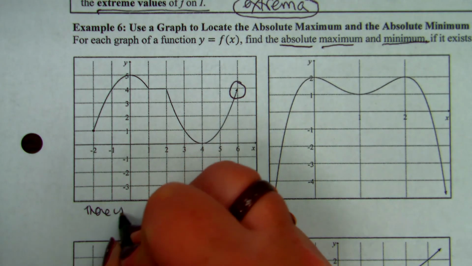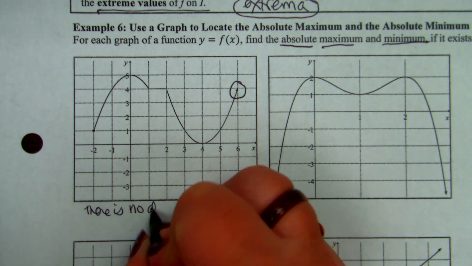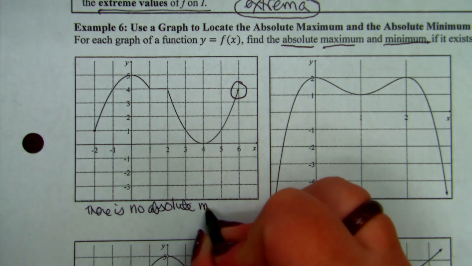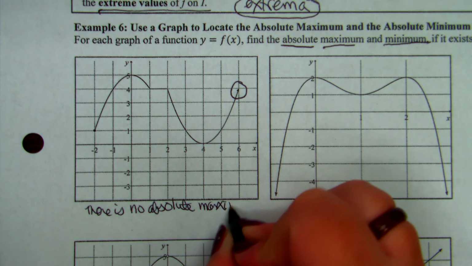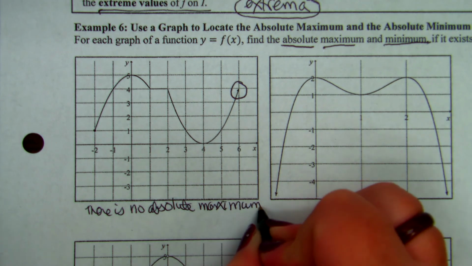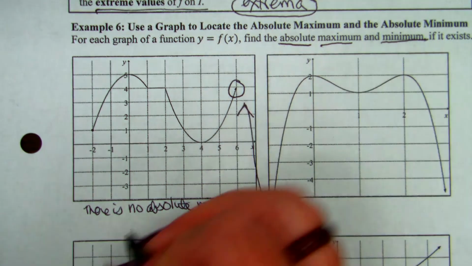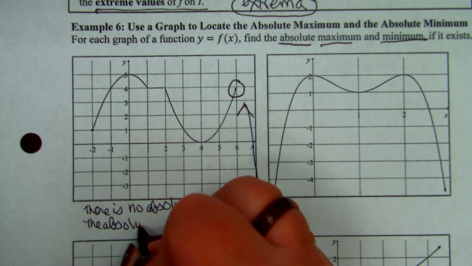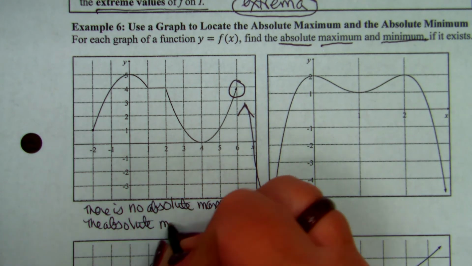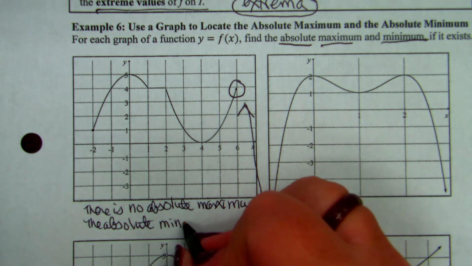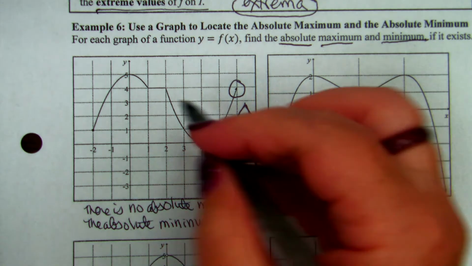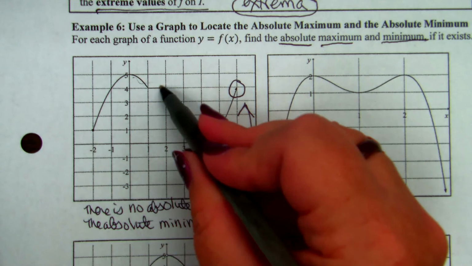there is no absolute maximum because of the arrow. The absolute minimum of, okay, where's the lowest y?